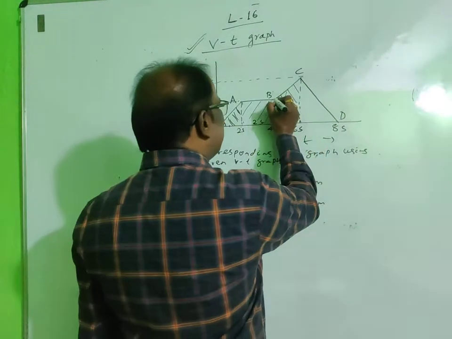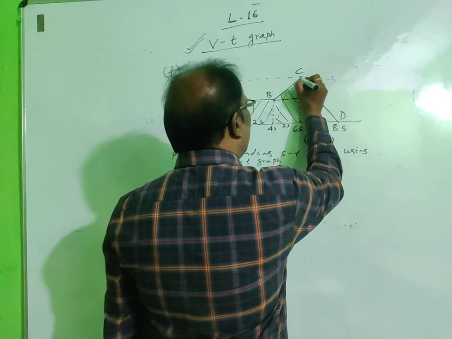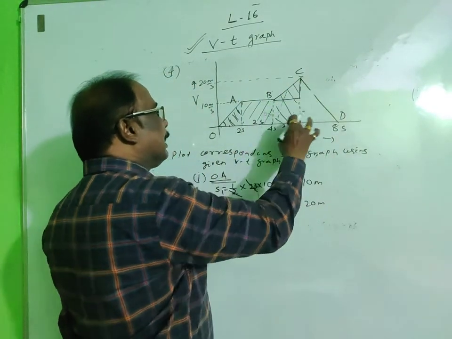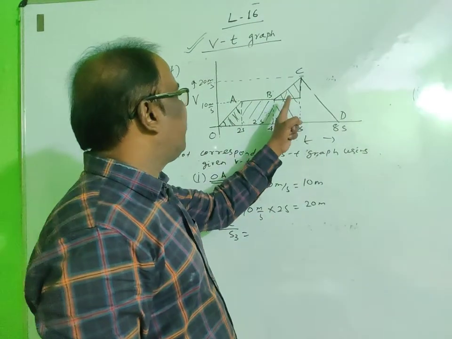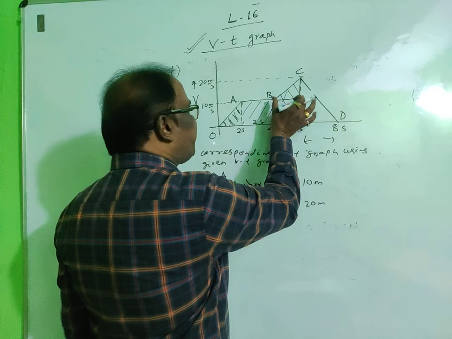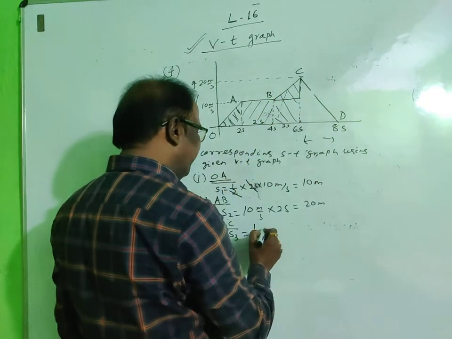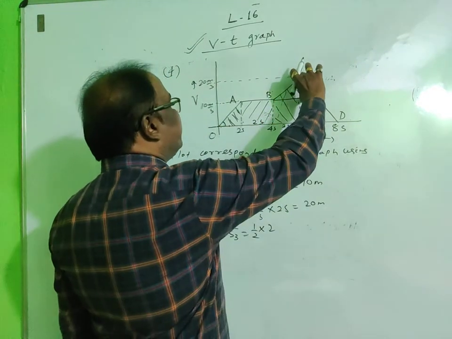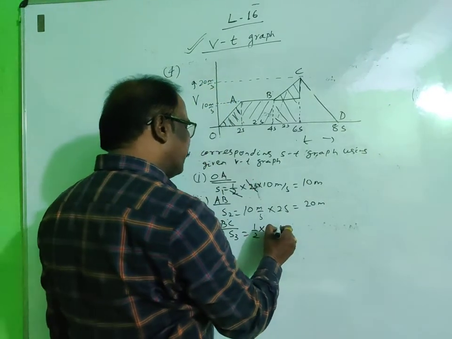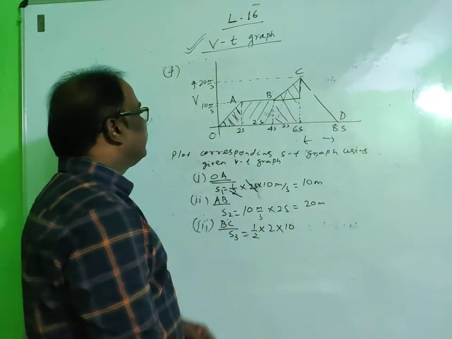In a simpler way, you can calculate the area of this triangle plus the area of this rectangle. For the triangle, half, base is 2 seconds, and height is the difference in velocity, 20 meters per second minus 10 meters per second, which is 10 meters per second.